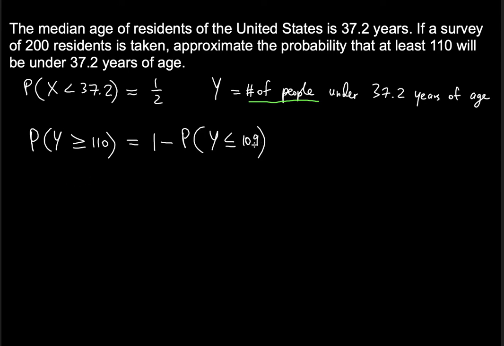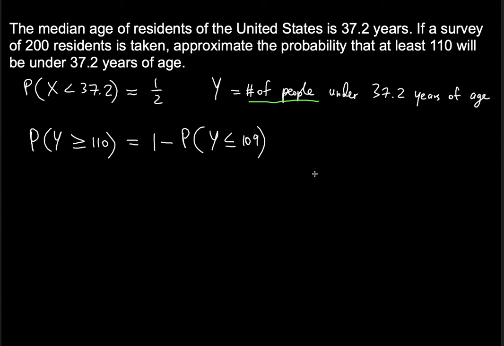You don't want to count the numbers of people being 109 and fewer, right? You want to count 110 and above. So you want to subtract from 1 the total probability all the possible combinations of 109 or 108 or 107 or 106 all the way until you get to 0, right? The number of people under 37.2 years of age.